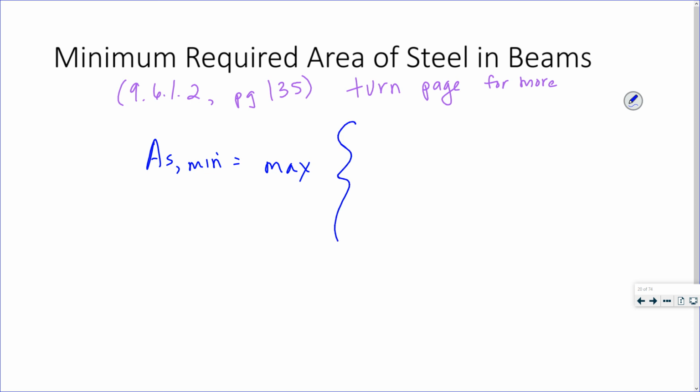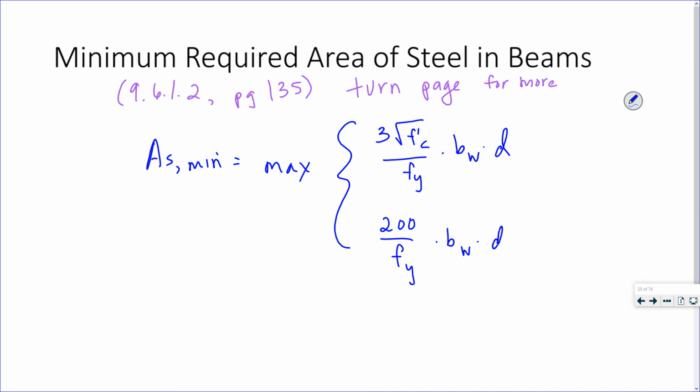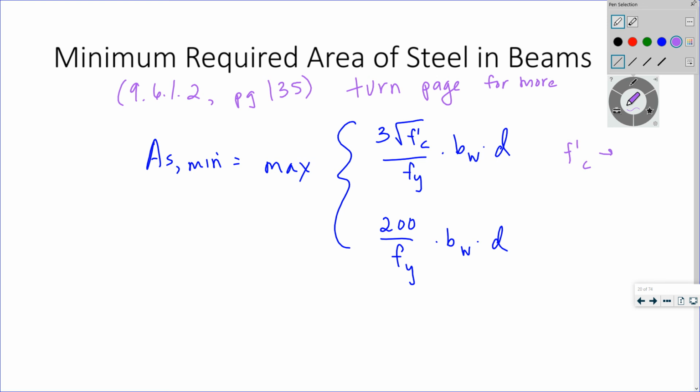The maximum of 3 square root F prime C over Fy times BW times D, or 200 over Fy times BW times D. F prime C in PSI, Fy in PSI.